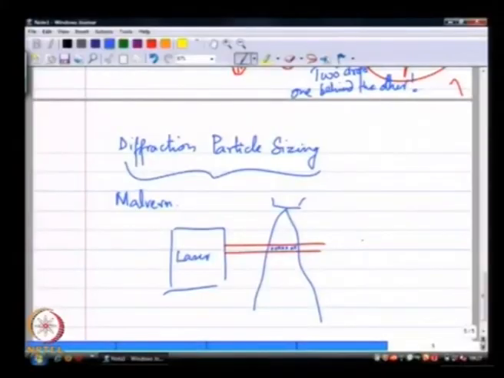So, every drop, again assuming sphericity, creates what is called an Airy pattern of diffraction. So, I am going to exaggerate this part just to make the point.